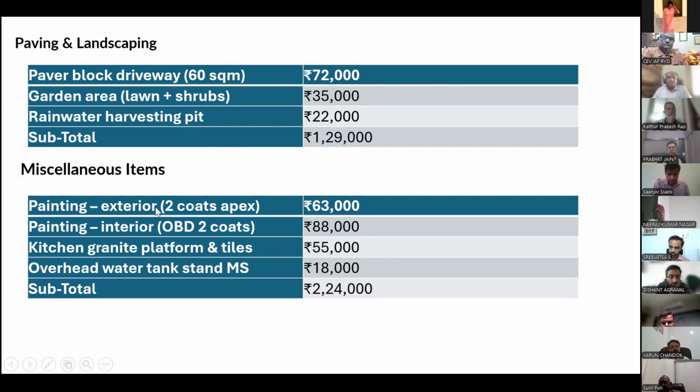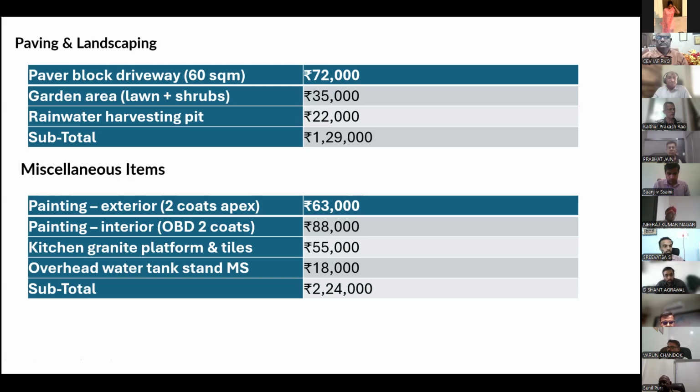Then miscellaneous items, which we are not taking into consideration: painting. Either you can calculate its quantity and multiply it with the schedule of rates. Here I am just taking it as a lump sum, but in practice, if you have to defend it, you calculate the quantity of exterior and interior paint, and then you multiply it with the schedule of rates.